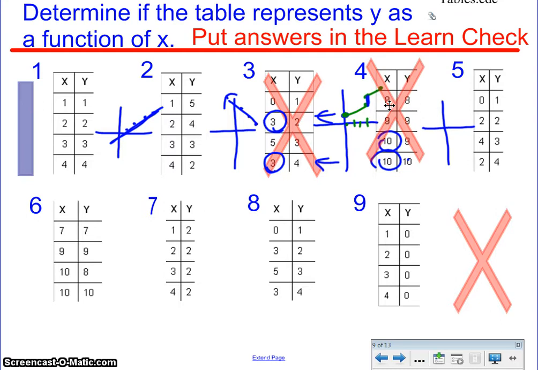Okay, the next one, I can see here, 2 is repeated, Y is different. So number 5 is also not a function. Number 6, what number repeats itself there that makes this a function or not a function? And the answer here would be the 10. So it is also not a function.